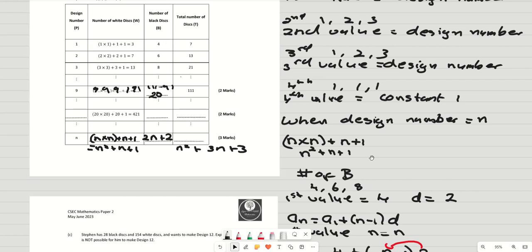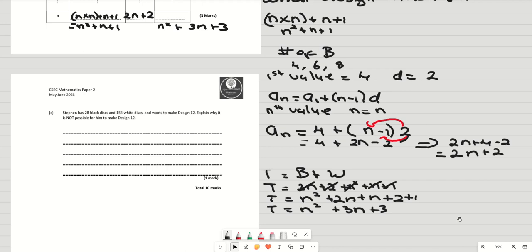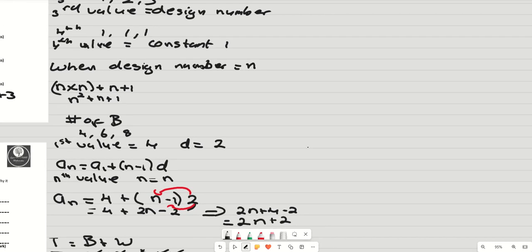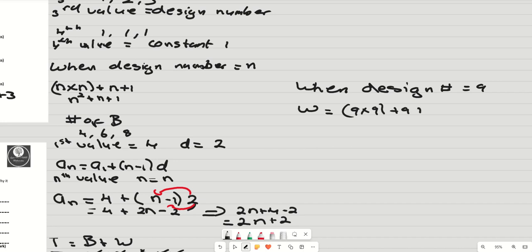Or let's do this. I'll put this on the side here. When your design number is equal to 9, your white disk would be 9 multiplied by 9 plus 9 plus 1, which is 81, plus 9 is 90, plus 1 is 91.